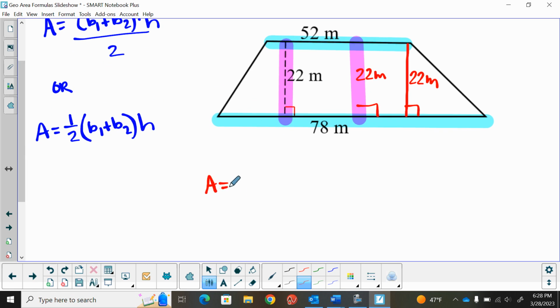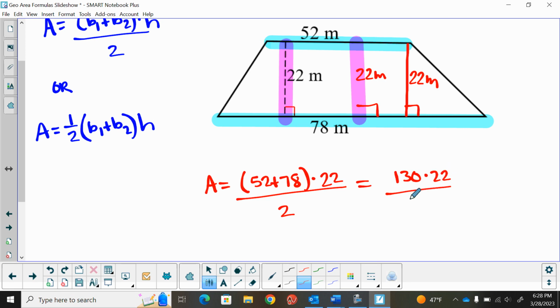I'm going to take my two bases, 52 and 78, add them together, multiply by the height, 22, and then divide by 2. So if I add the two bases, that's 130 times 22 divided by 2. If I multiply my numerator, that's 2,860 divided by 2. And then simplify that, you get 1,430 meters squared.